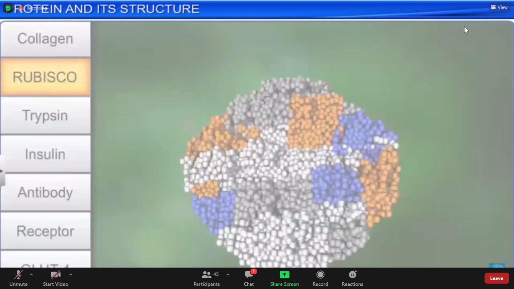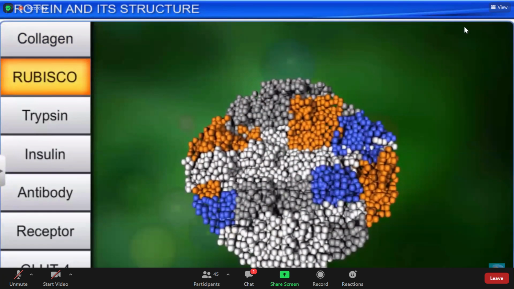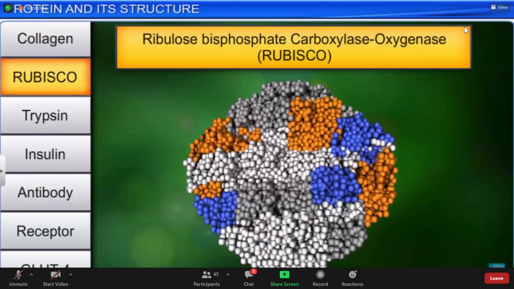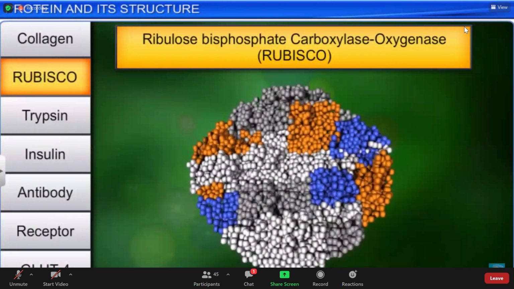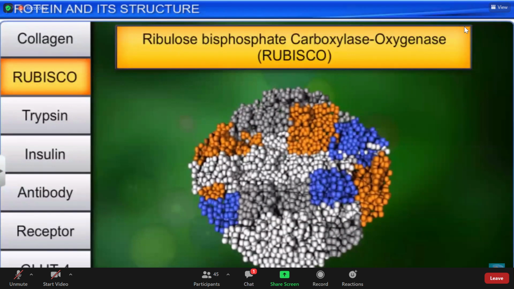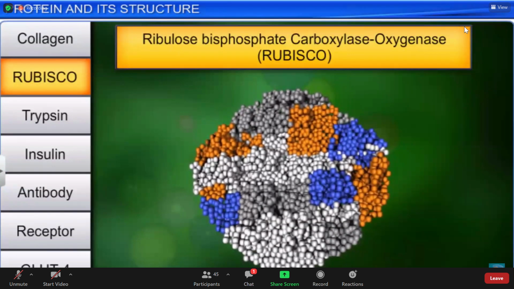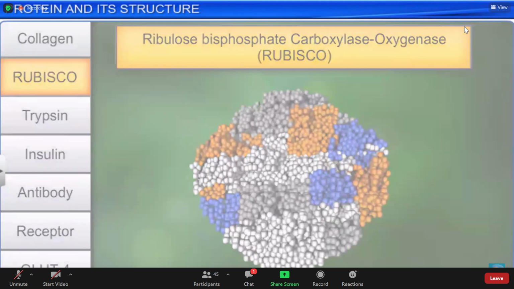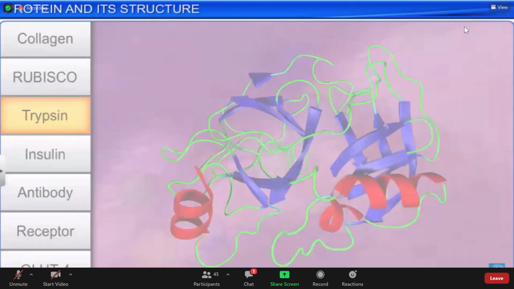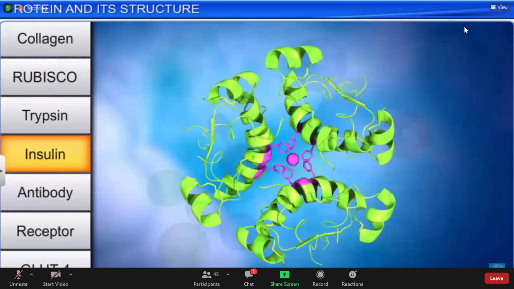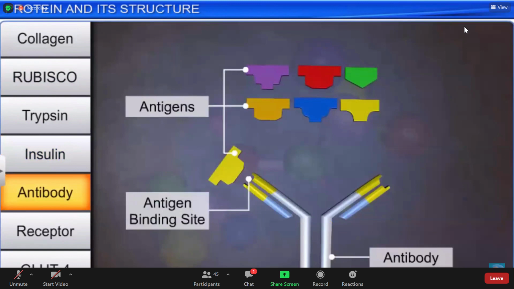On the other hand, ribulose bisphosphate carboxylase-oxygenase, or rubisco, is the most abundant protein in the whole of the biosphere. It acts as a catalyst during the process of carbon fixation. Trypsin acts as an enzyme, and insulin acts as a hormone. Another protein called antibody helps fight infections.